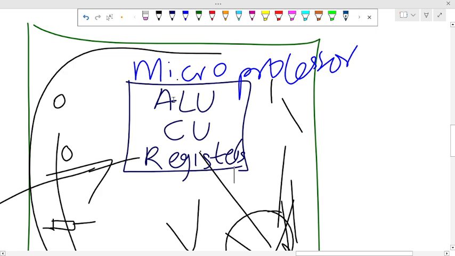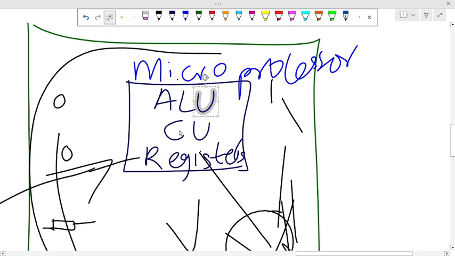This unit inside the microprocessor is responsible for arithmetic operations. Logic, which is AND, OR, NOR, NOT, all those logic gates. I'm not going into logic in this video, okay? I'm just telling you what is contained in the microprocessor. So arithmetic and logic operations, all those are handled in this unit.